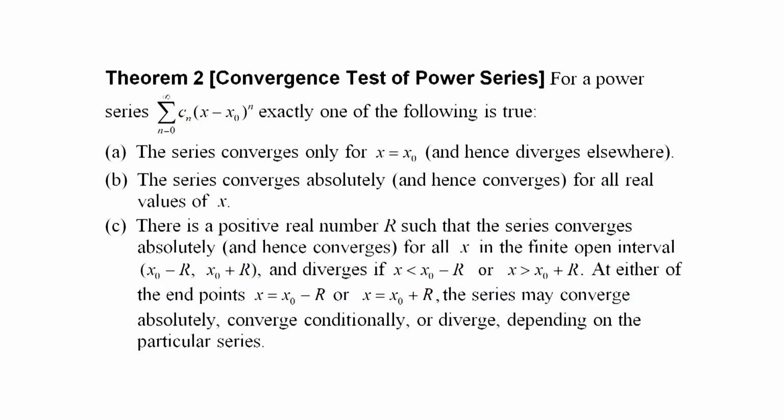Theorem 2 states that the convergence set for a power series in x is always an interval centered at x equal to x naught, possibly just the value x equal to x naught itself or possibly infinite. The set of points at which the power series in x converges is called the interval of convergence. If a power series in x converges only at x equal to x naught, then the interval of convergence reduces to the single value x equal to x naught, and we say that the radius of convergence is 0.